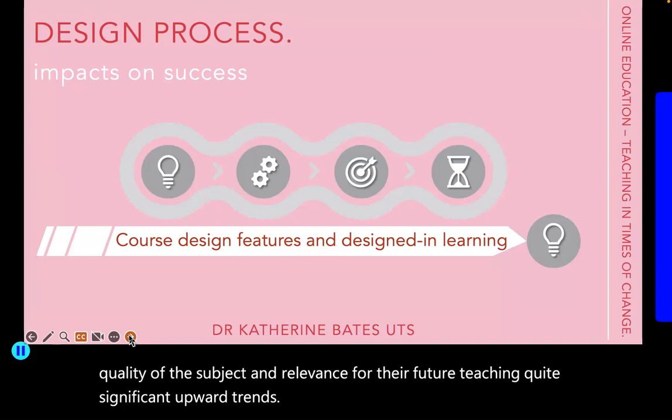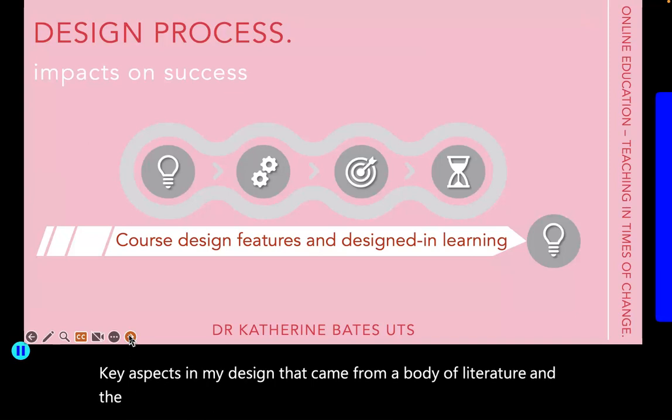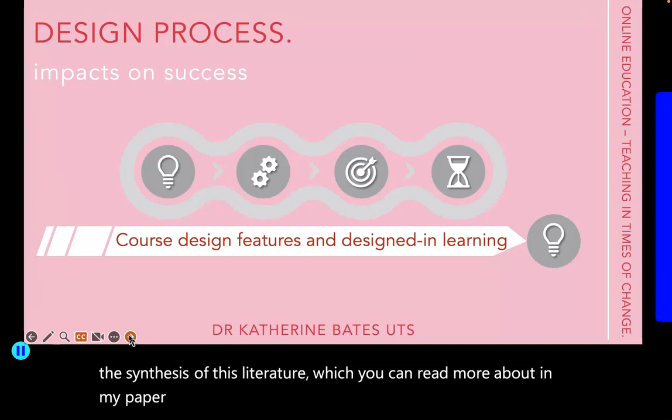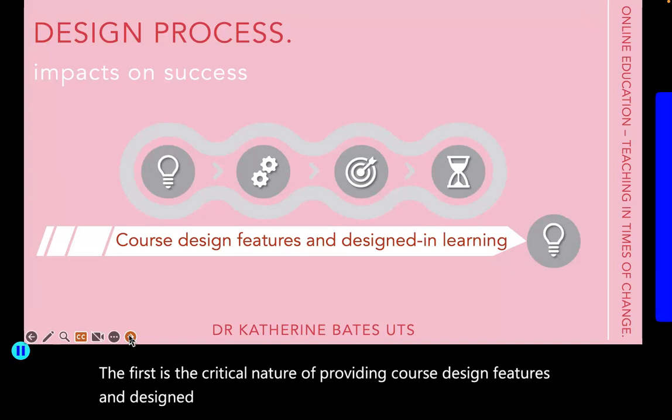I considered 4 key aspects in my design that came from a body of literature, and the synthesis of this literature, which you can read more about in my paper, addresses 4 key points. The first is the critical nature of providing course design features and designed-in learning.